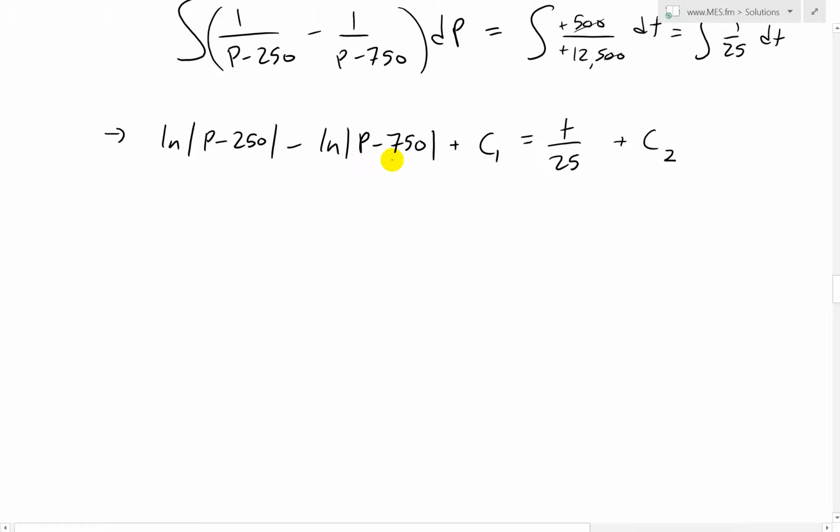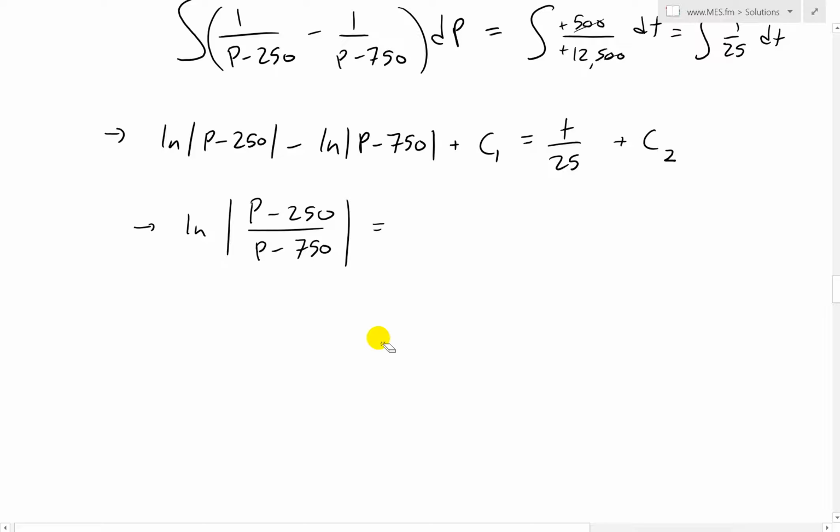And also recall my logarithmic properties video, I'll put that link below. This one you could simplify, combine into one logarithmic function, because whenever you have subtraction, that means you're dividing. So that means ln absolute value of p minus 250 divided by p minus 750, absolute value, and I'm going to combine the constants, move this to the other side and combine it with t over 25.